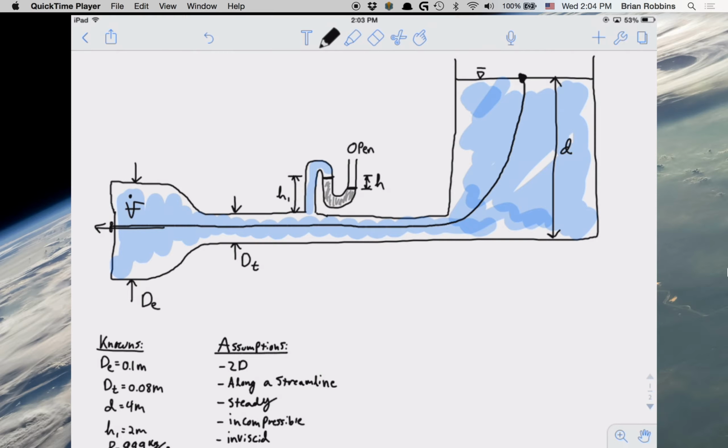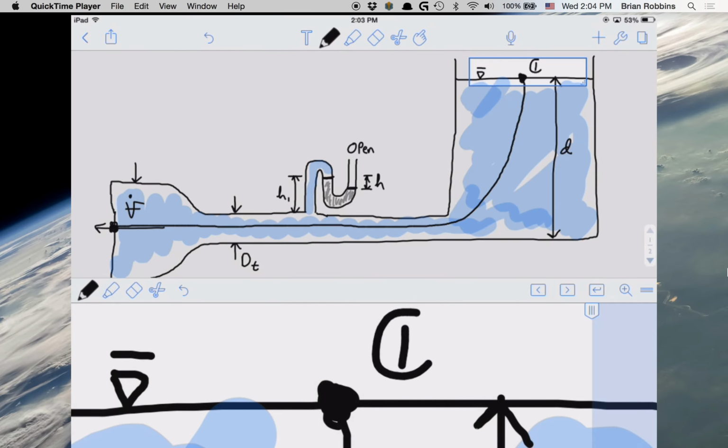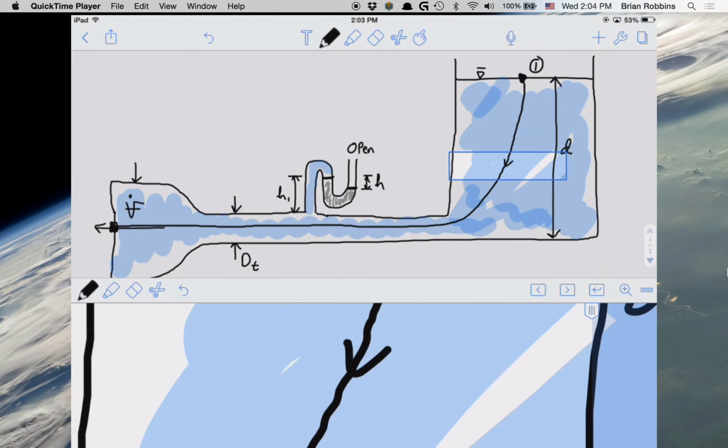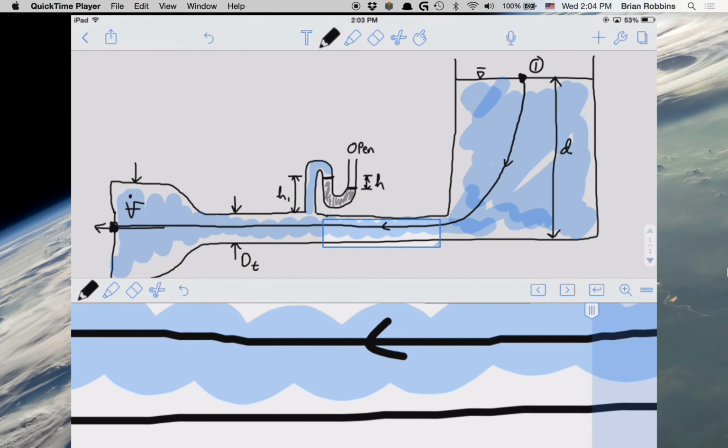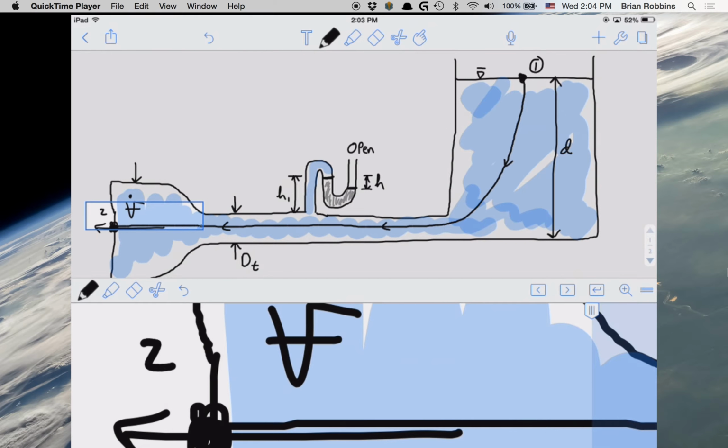So it ends just at the exit right here. Let's go ahead and establish this as point 1. We have our flow direction. And this is going to be point number 2.